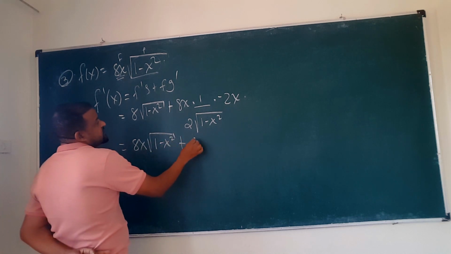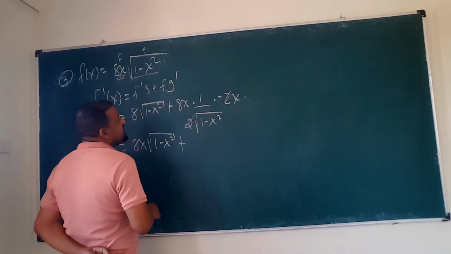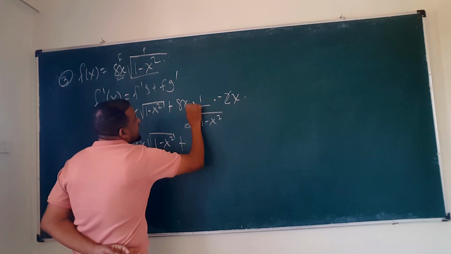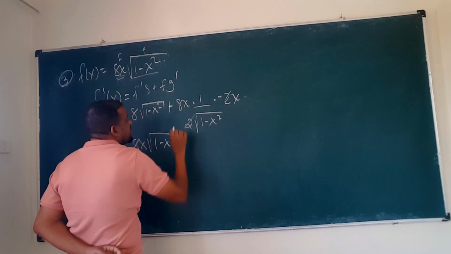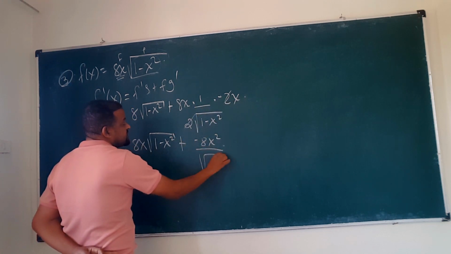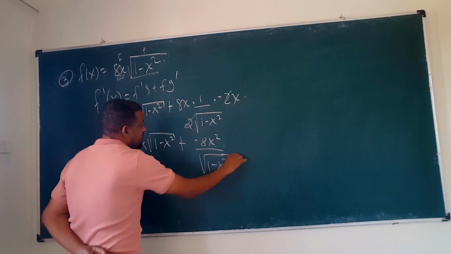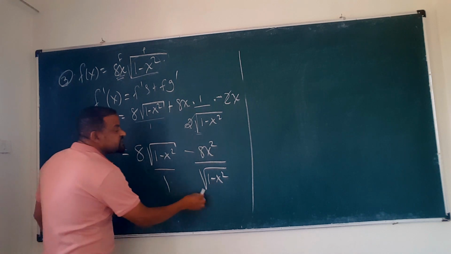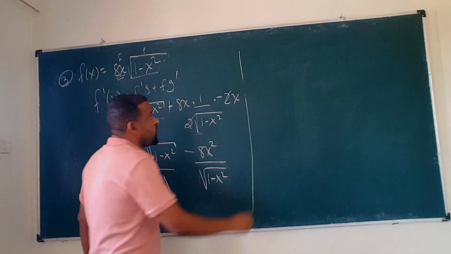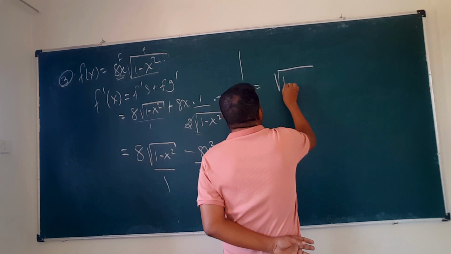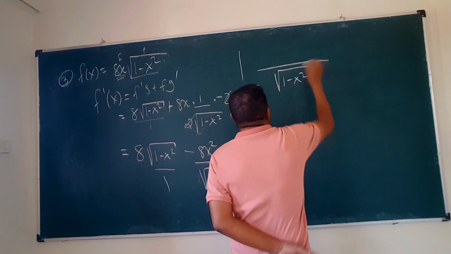The 2 cancels. 8 times x times x is x squared, negative, so negative 8x squared over radical of 1 minus x squared. Let's observe that the denominator is radical of 1 minus x squared.